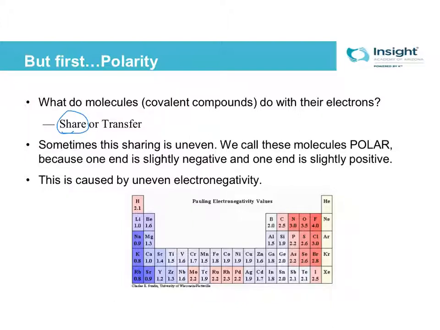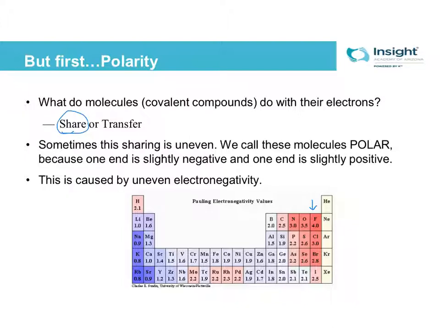This graph shows you the general electronegativities, like fluorine is the biggest hog of them all. Fluorine has a really high electronegativity. So anything that is covalently bonded with fluorine, you can expect that those electrons are almost always around the fluorine and not so much around whatever it's connected to.